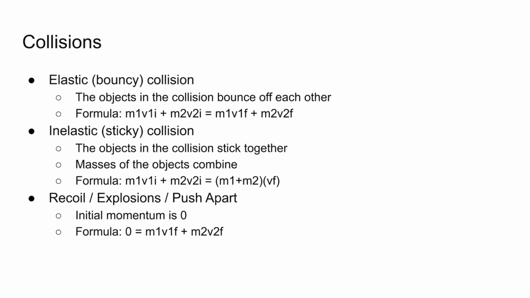Now, for inelastic collisions, the formula is m1v1i plus m2v2i is equal to m1 plus m2 times vf. And this is because the masses of the objects combine when the objects stick together. So the last one is recoil. So for a recoil collision, the initial momentum is 0. So it's the same formula as elastic collisions, but just sub out all the initial stuff for 0.